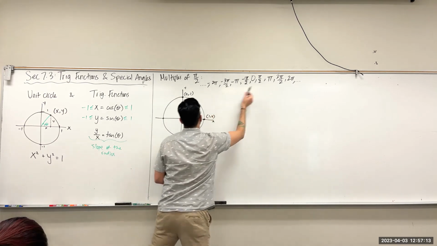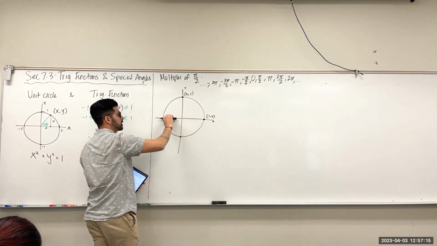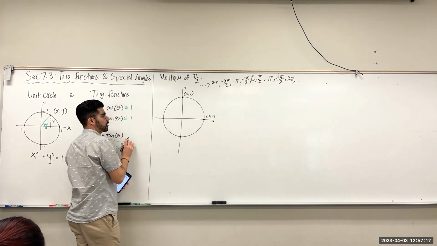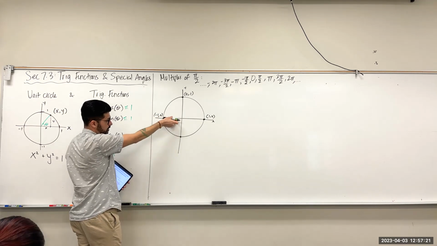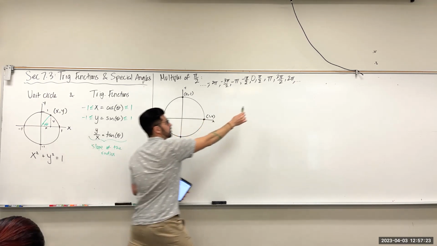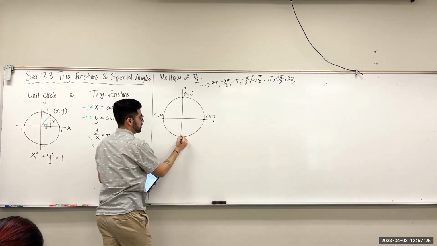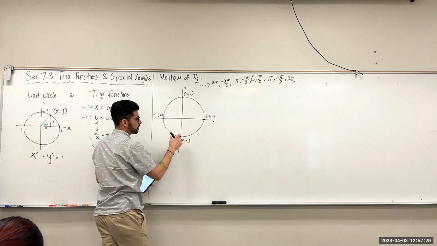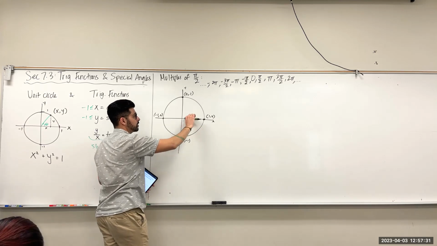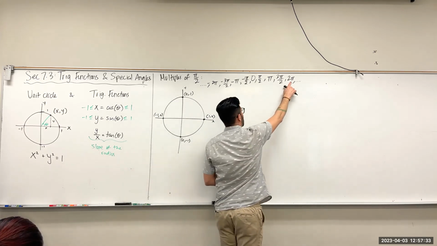Then you rotate another pi over 2 radians, takes you to pi. What are the coordinates there? -1. Then you rotate another pi over 2, that takes you to 3 pi over 2. And then you end up with -1. And then you rotate another pi over 2, takes you to 2 pi.